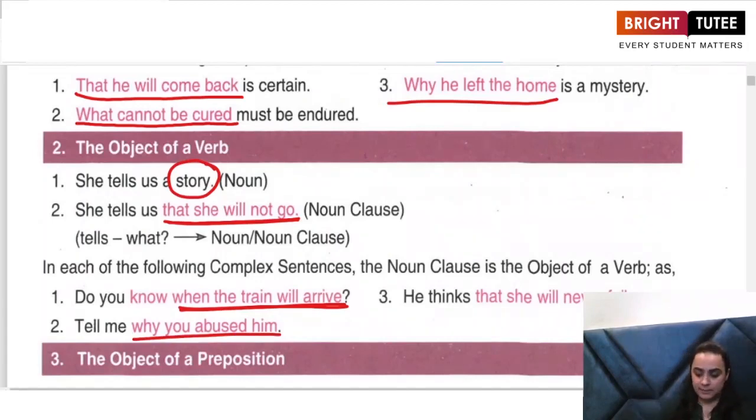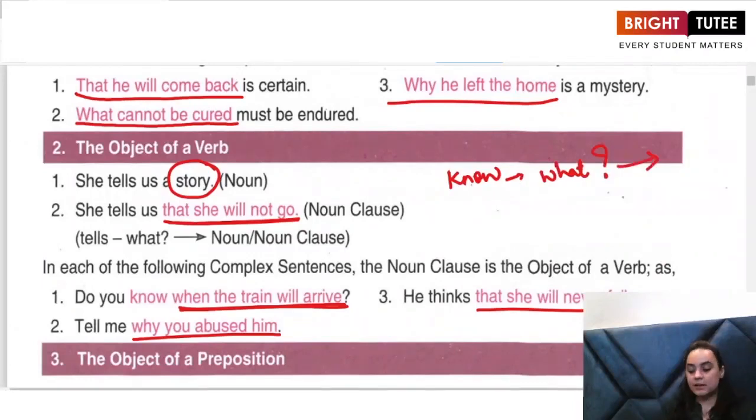Third sentence. He thinks that she will never fail. He thinks what? That she will never fail. If you just observed in all these three sentences, how did I ask the question? I first asked the verb, then the question.